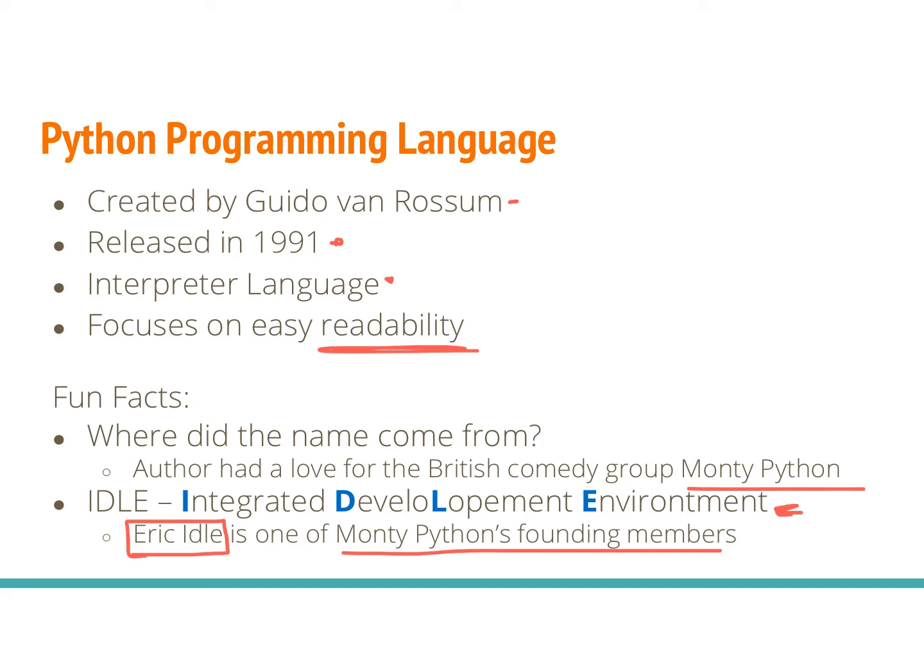So it's kind of cool that Guido van Rossum tied his favorite Monty Python comedy group into the name of his programming language, and then named the program where it runs, IDLE, after one of Monty Python's founding members.